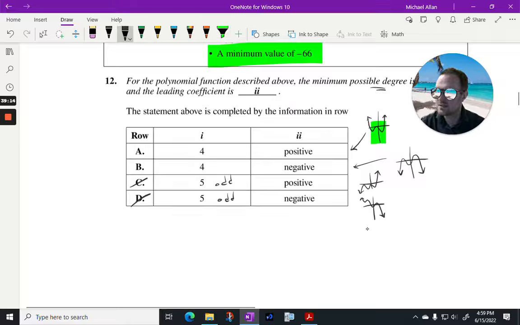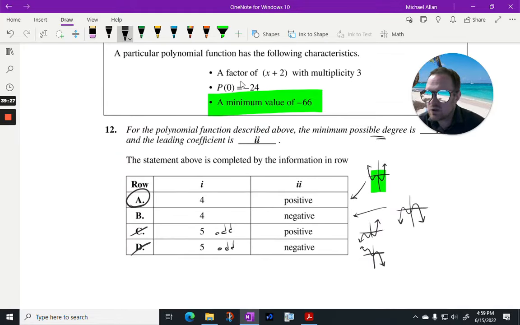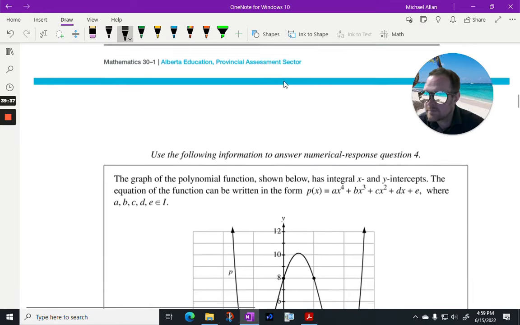So the only one that this could be is A. For some reason, a lot of people got that one wrong, 16%. We didn't need this. I didn't even look at this other stuff here to figure this question out. They just didn't know that was a minimum value. That was it. All this useless information. You can draw it out now if you want to. You can draw it out what it looks like.